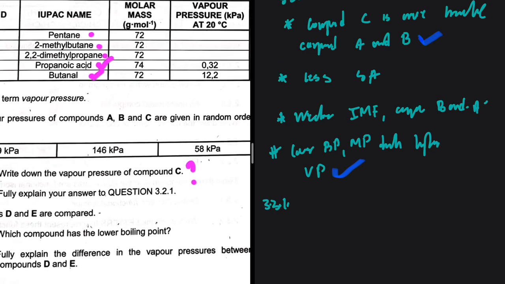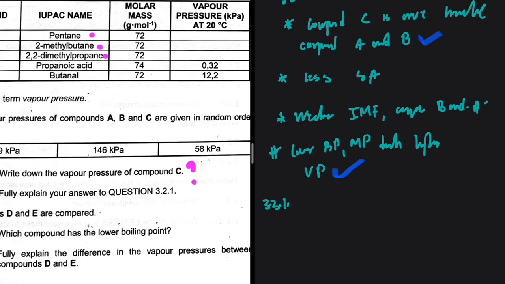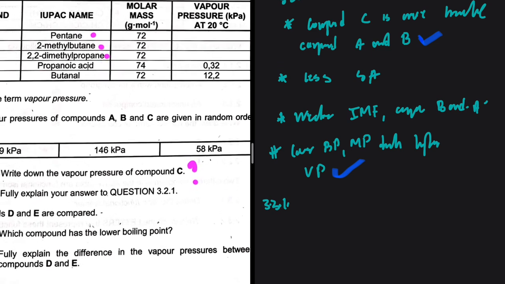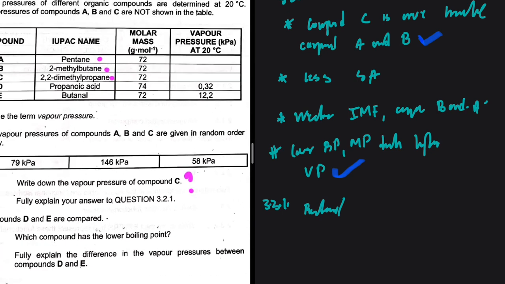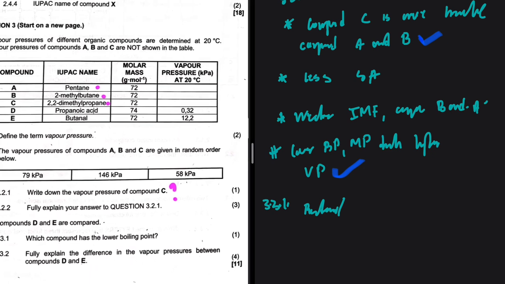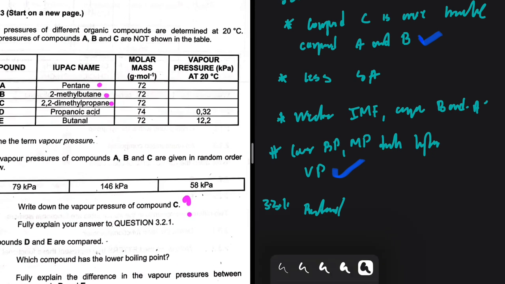We are given the vapor pressures: propanoic acid is 0.32 and butanol is 12.2. So which has the lower boiling point? Butanol, right? The lower the boiling point, the higher the vapor pressure. The higher the boiling point, the lower the vapor pressure. That's how it works. Then 3.3.2: fully explain the difference in vapor pressures between compounds D and E.